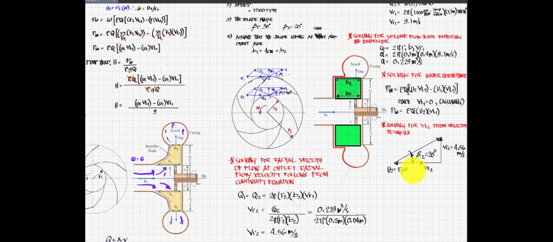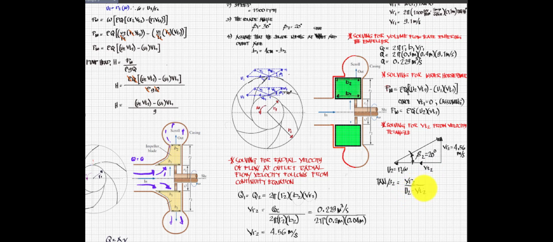Since this is given and this is given, we can use the tangent, or TOA. So we have the tangent of the given angle, which is equal to the opposite, which is VR2, divided by the adjacent, U2 minus VT2, the tangential velocity of the fluid flow.